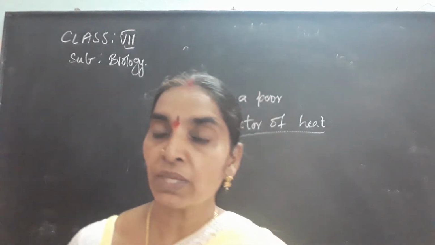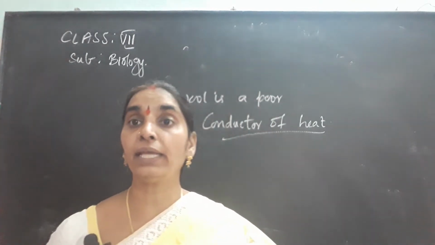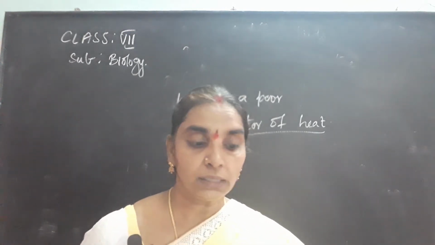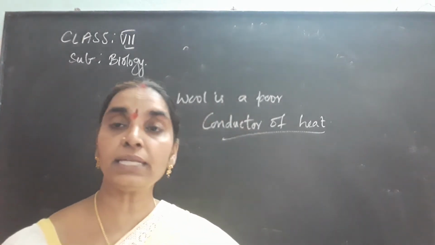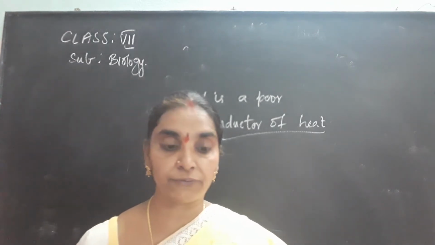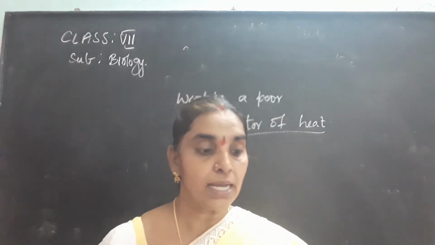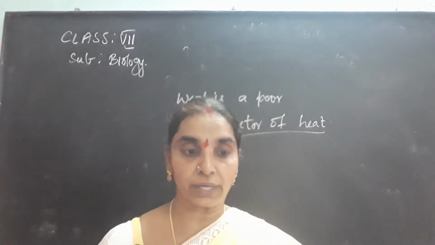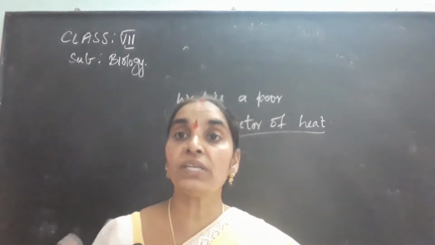How is it so? What happens when you wear sweaters? When you wear woolen garments, the air trapped between the woolen fabric and our body does not allow the flow of heat from our body into the surroundings. So we feel warm.